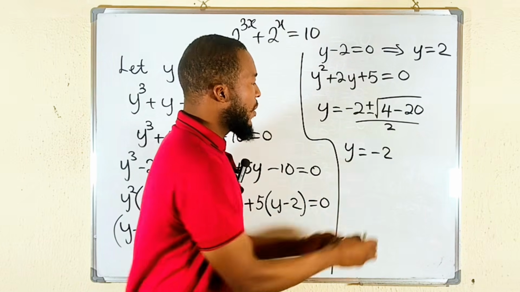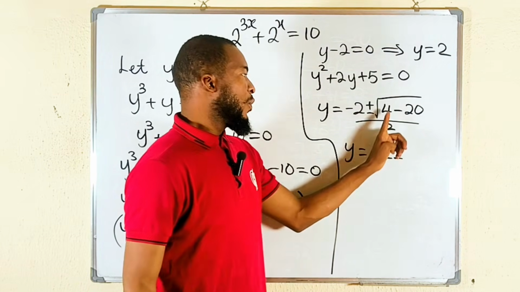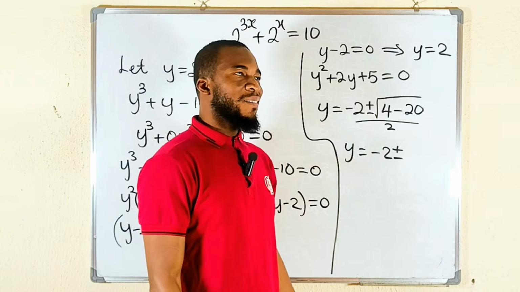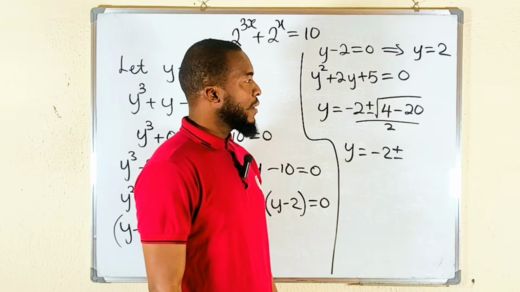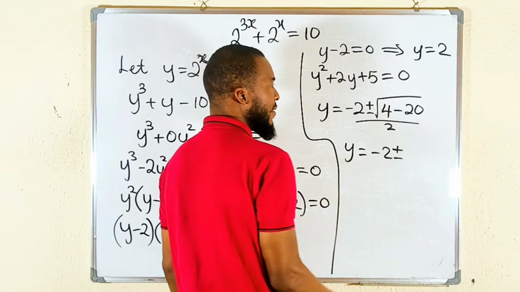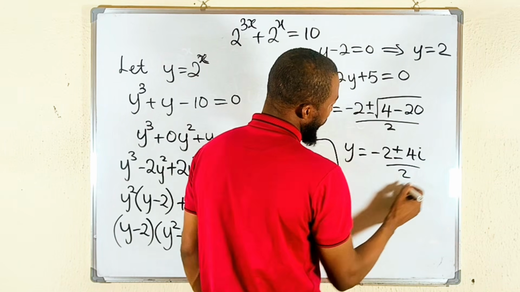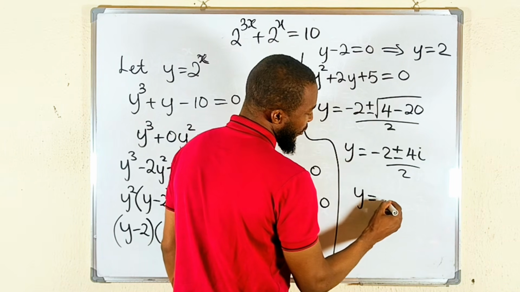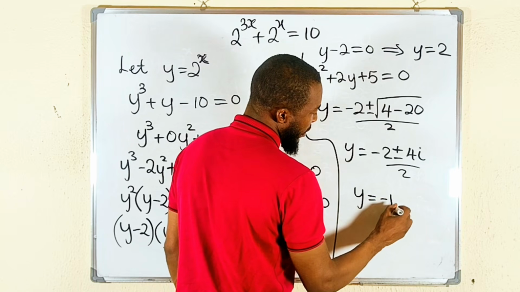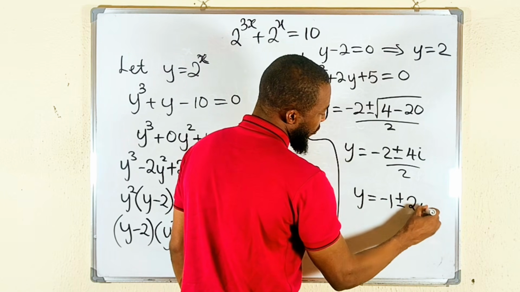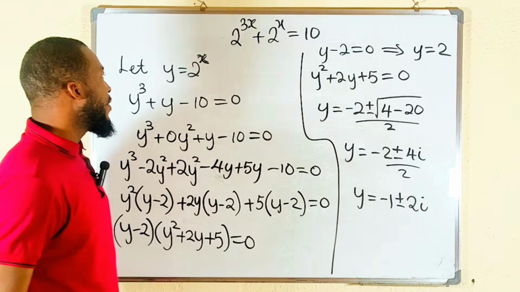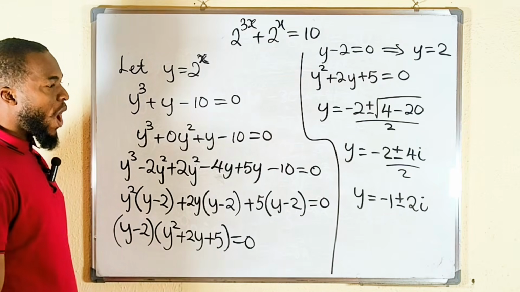Minus 2 plus or minus the square root of 4 minus 20, which is minus 16. The square root of minus 16 is 4i. Divide by 2. So you can see that y is equal to minus 1 plus or minus 2i. These are the values of y.